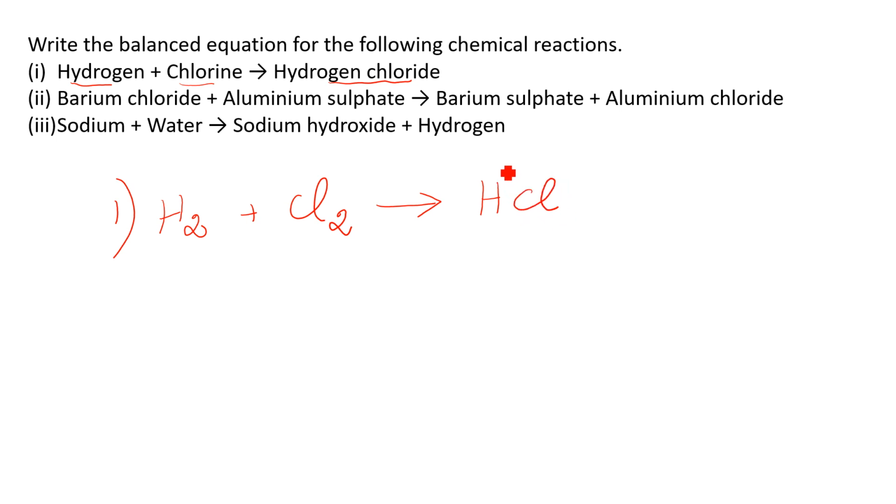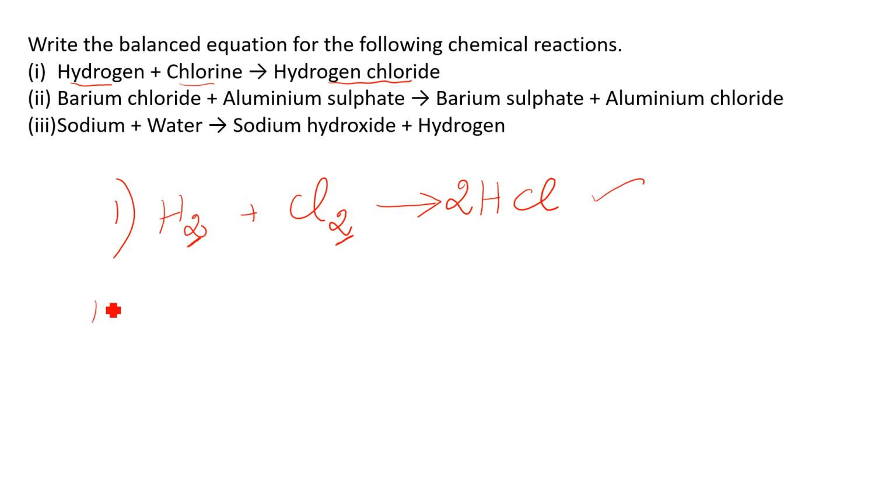Now you have to use the tabular column which we learned, the symbols and the charges, which will be helpful to write the formula. Hydrogen chloride is HCl. Now see the number of atoms on the reactant side. You have 2 hydrogen and 2 chlorine. So on the product side, if you put 2 here, both hydrogen and chlorine will be balanced. So the equation is balanced.